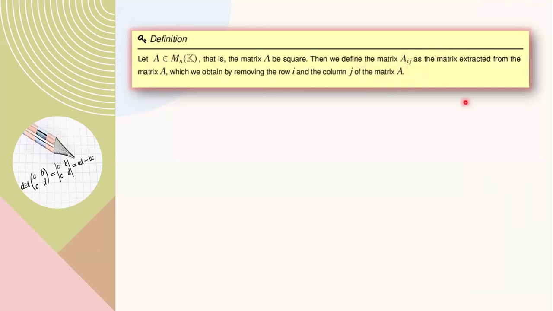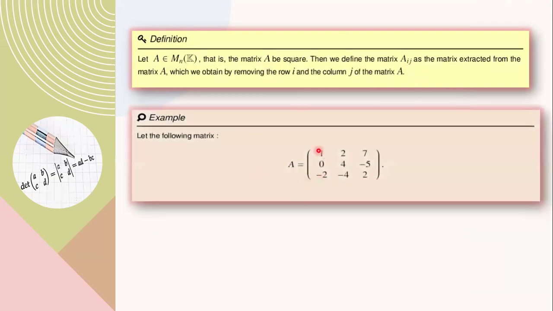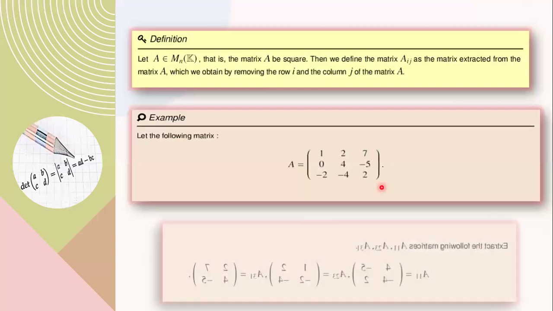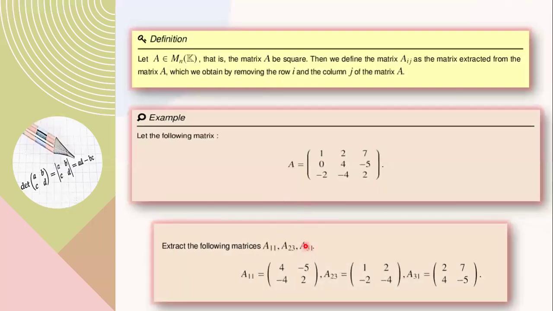To better understand this definition, we have an example. Here, the matrix has three rows, we can say also lines, and 3 columns. We want to extract the following matrices. We start with the matrix A11. Here, we remove i, which is 1, and j, which is 1.